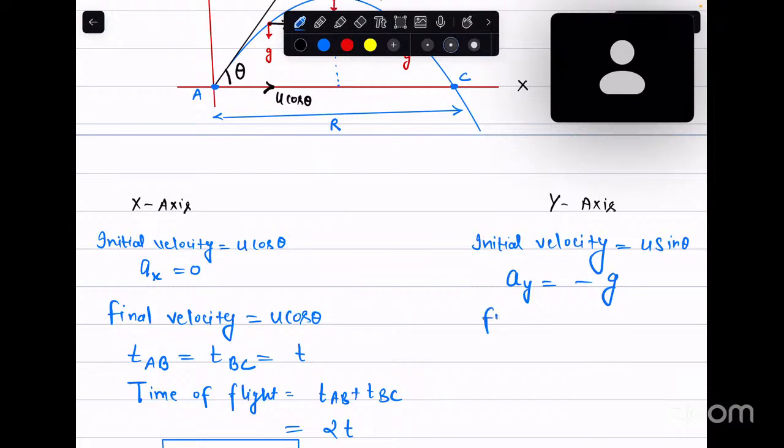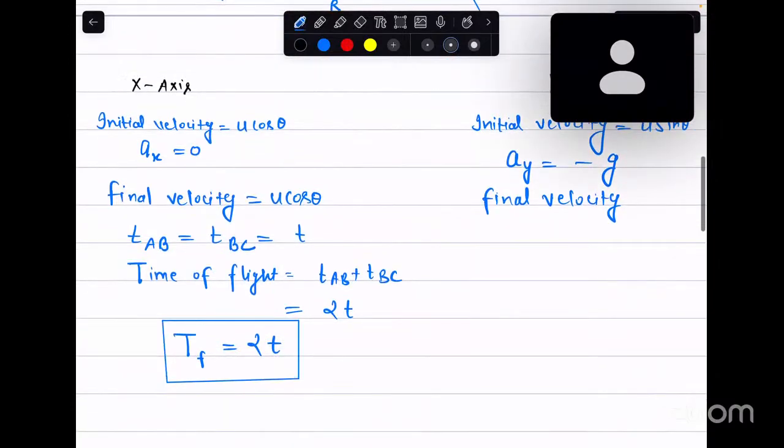So the final velocity in this case will not be the same as the initial velocity. The final velocity will change, and to know it we can apply the equation of motion in a straight line, which is v equals u plus at. So v is equal to u sine theta minus g times t.